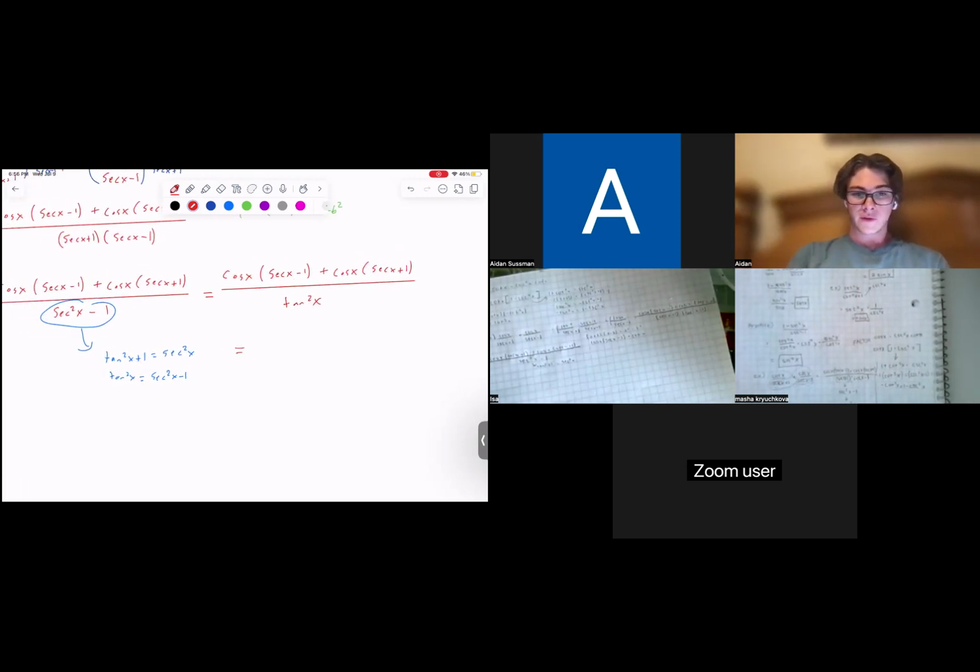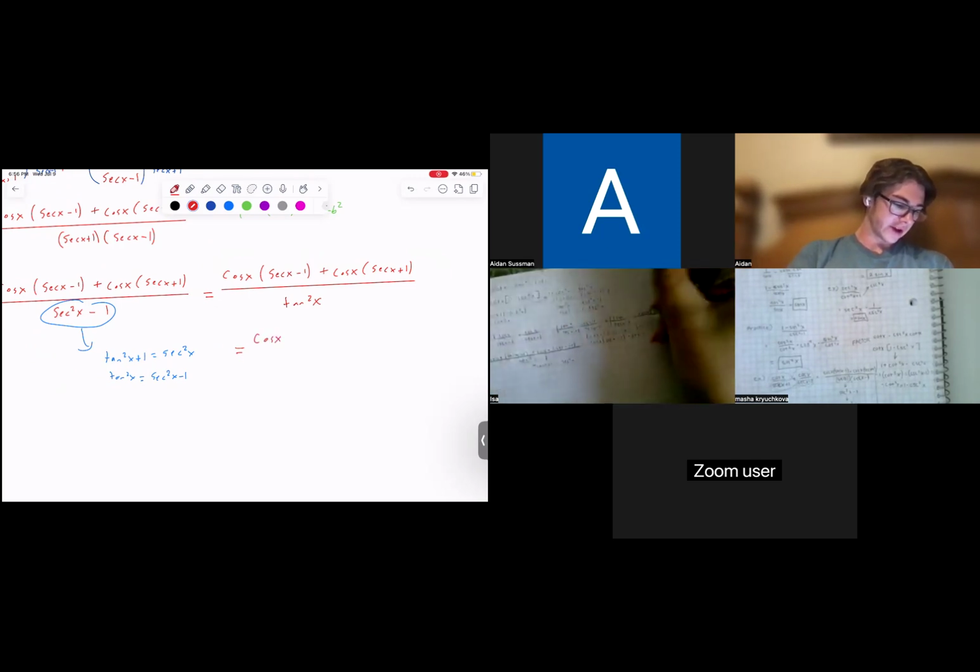Also, let me know if I'm going too fast. I can slow down. Does this make sense? Okay, awesome. What do you think we can factor out up here? The two cosine. Yeah, so I'll factor out a cosine.